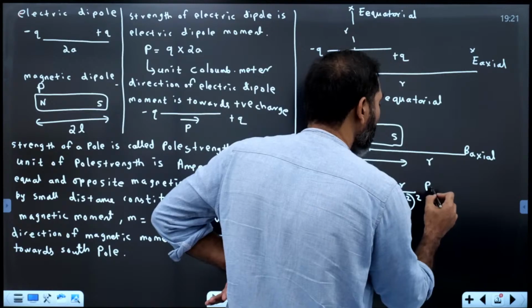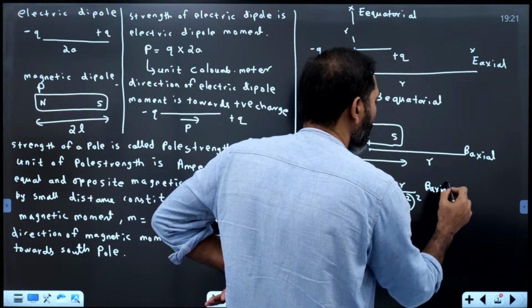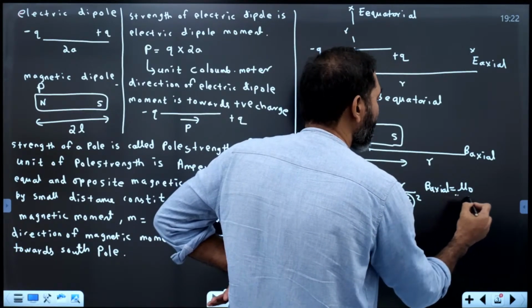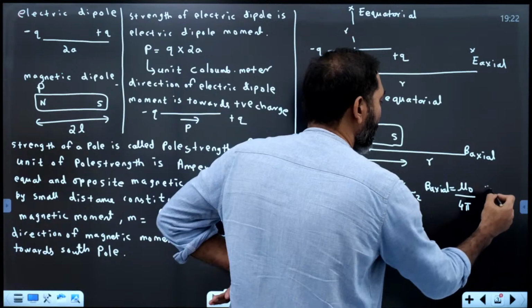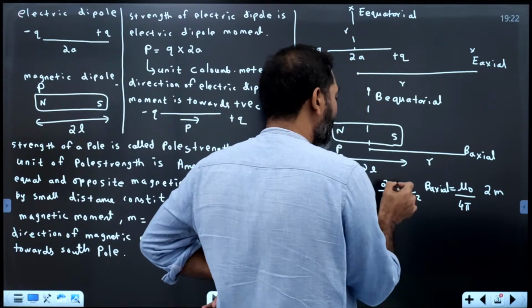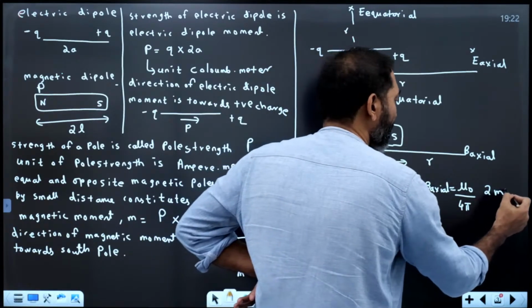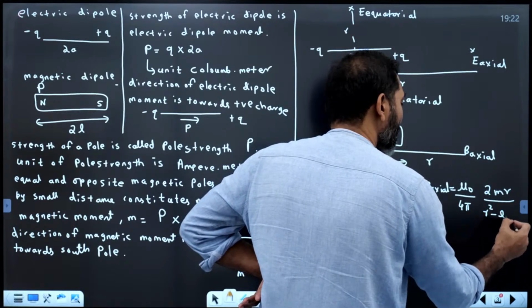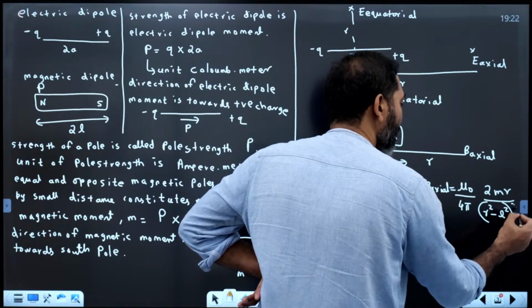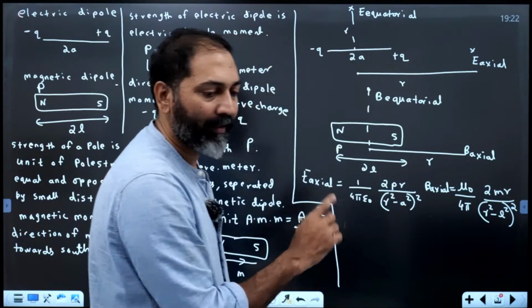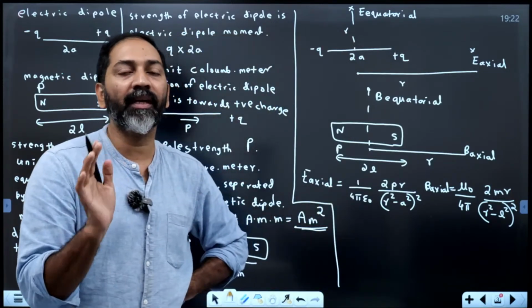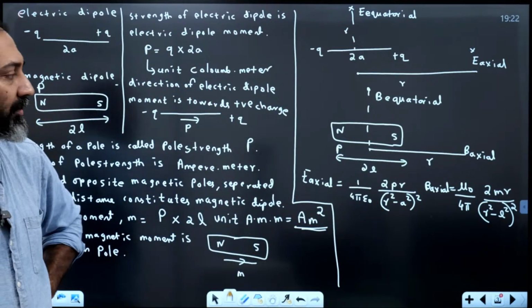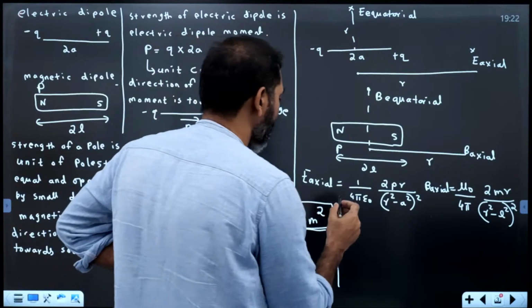So what will be B axial? Mu 0/4 pi. There it was electric dipole moment P, here magnetic moment M. So 2Mr by (r square minus L square) the whole square. I hope you got the connection. Here the derivation is deleted, only the final answer is required.